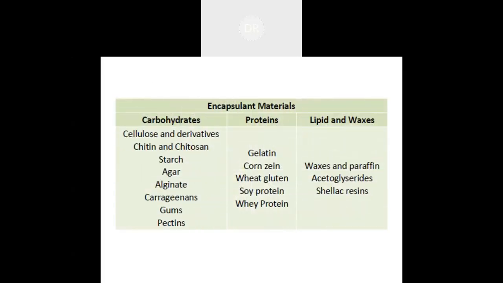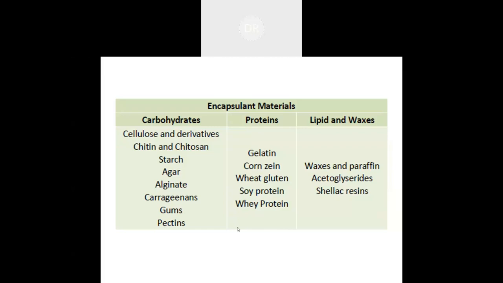Now we will see some of the encapsulant materials or wall materials. They are divided into three major groups, that is carbohydrate, protein, and lipid. Carbohydrates include cellulose, cellulose derivatives, chitin, chitosan, starch, agar, alginate, carrageenan, gums and pectins. These can be used for microencapsulation.